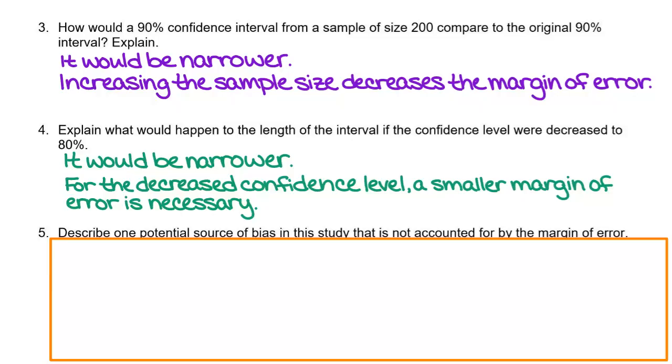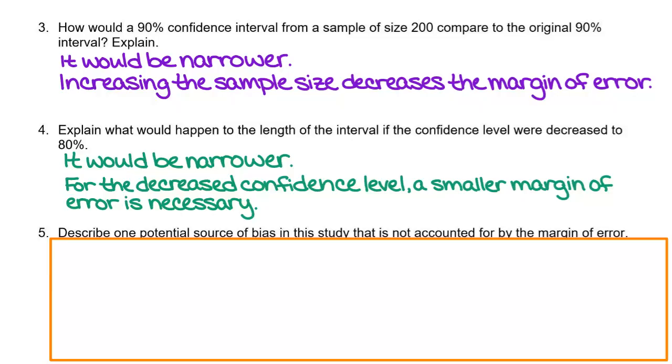So before we go on and look at this last question, that's kind of review, stuff that we haven't talked about for a hot minute. When we say we're 90% confident or 95% confident or 80% confident, that doesn't mean that I'm kind of sure or really sure.